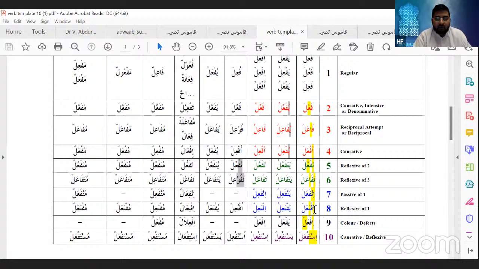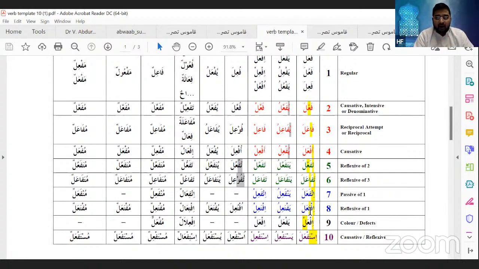To achieve this meaning, you will have 2 verbs. First of all, you will have form 1, the basic 3-letter verb. Then after it, this pattern, ifta'ala, will come, and this gives the meaning that the action of the 3-letter verb is now being achieved itself.